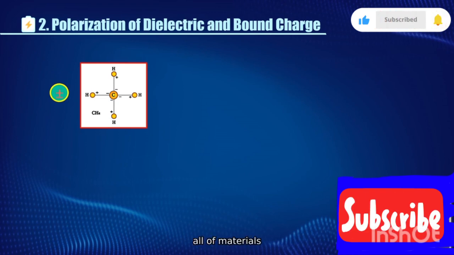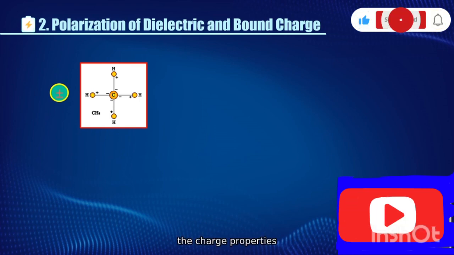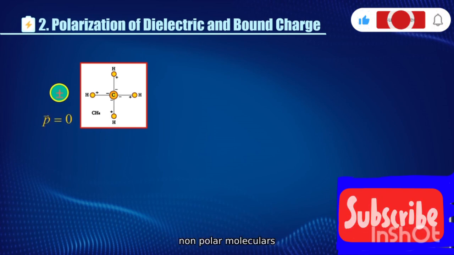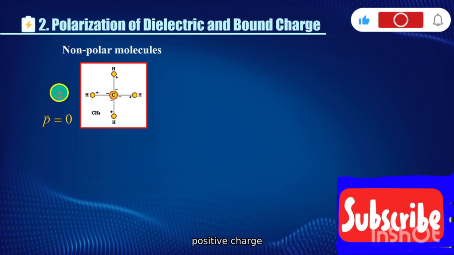We know that all materials are composed of atoms or molecules, and from the charge properties of the molecules, we can divide the materials into two types. First, let us talk about non-polar molecules. What are non-polar molecules? Non-polar molecules mean the density distributions of positive charge and negative charge overlap totally.